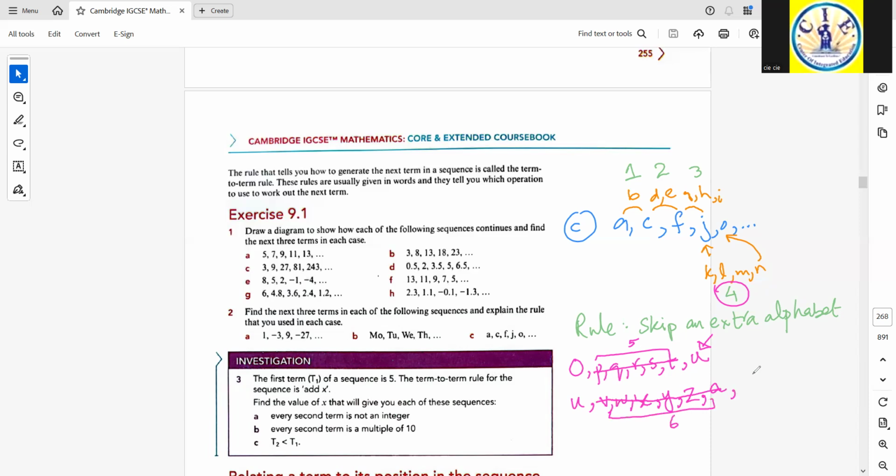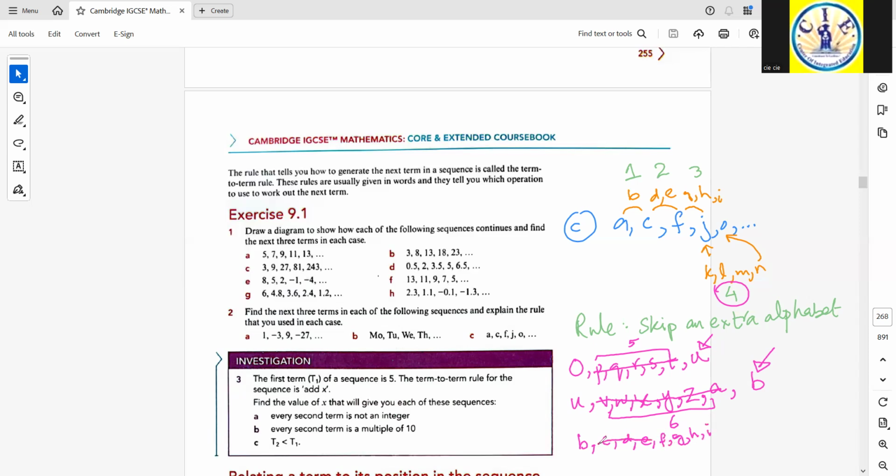After that, I should get B. So this is the second term. Okay. And then after B, now I need to skip 7. B, then C, D, E, F, G, H, and then I.